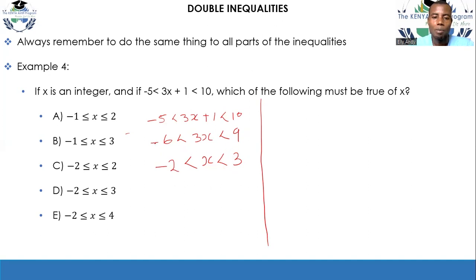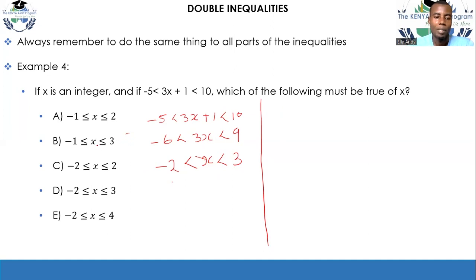Now, again, we have simplified this as far as possible. So we can just go back to our answer choices and see if we can figure out the answer using this simplified version of the inequality. So let's start by looking at the right-hand side of this inequality where we have x being less than 3. So here, anything that does not satisfy x less than 3 is out of the contention for the right answer.